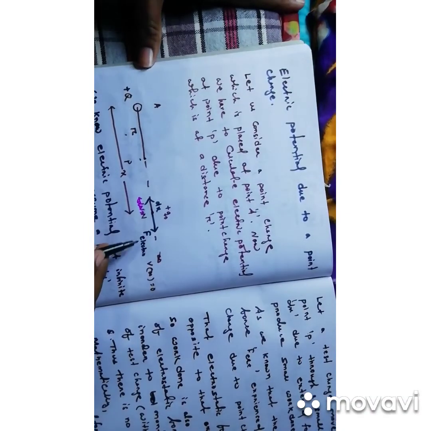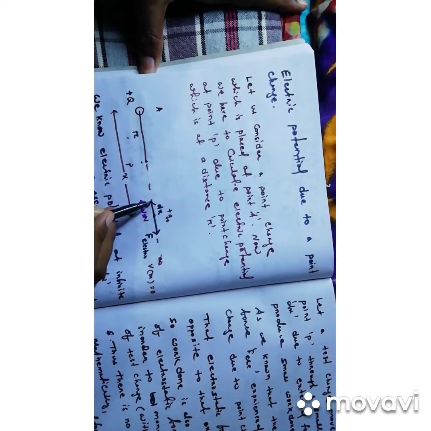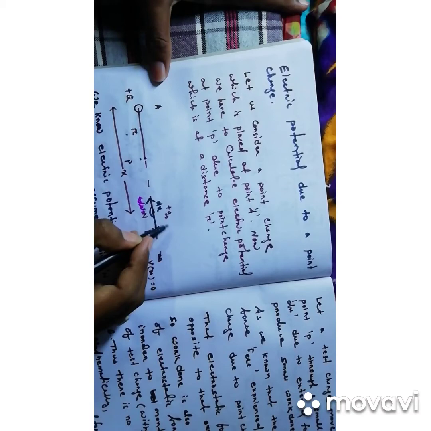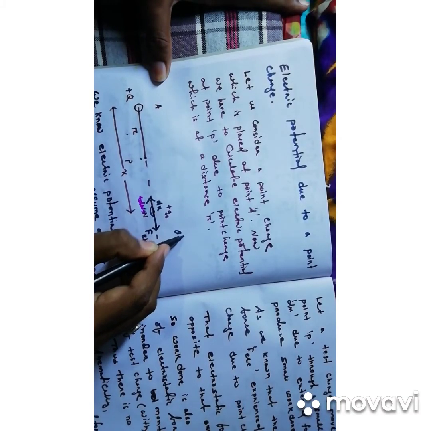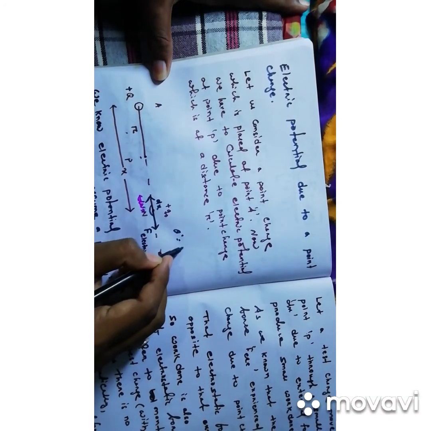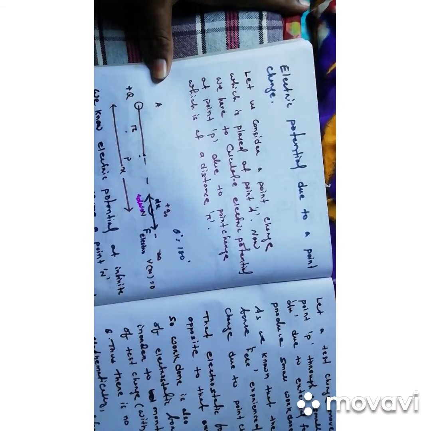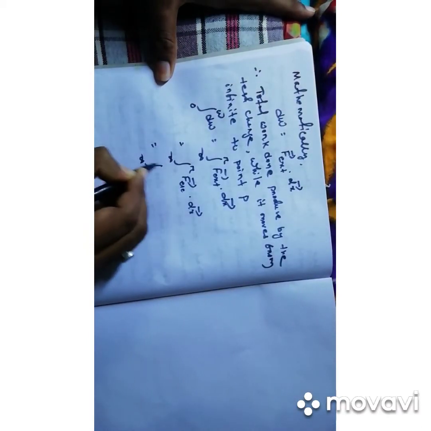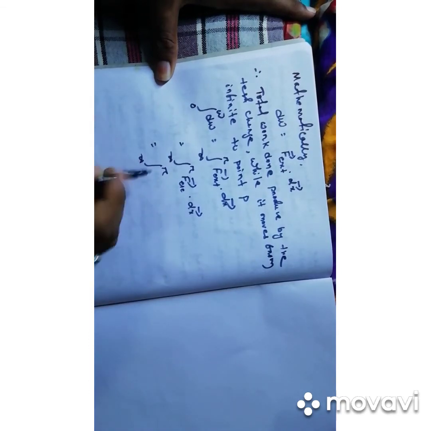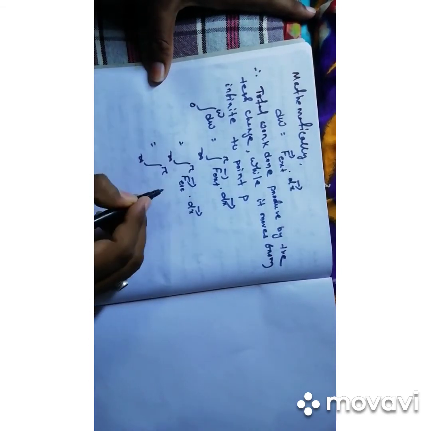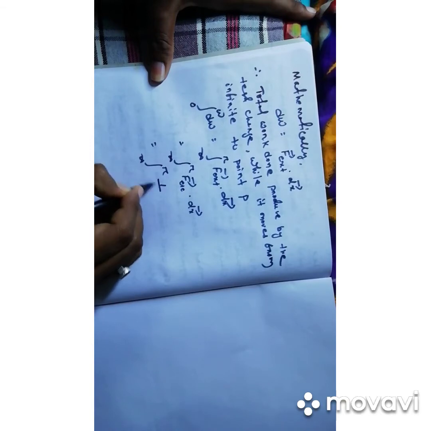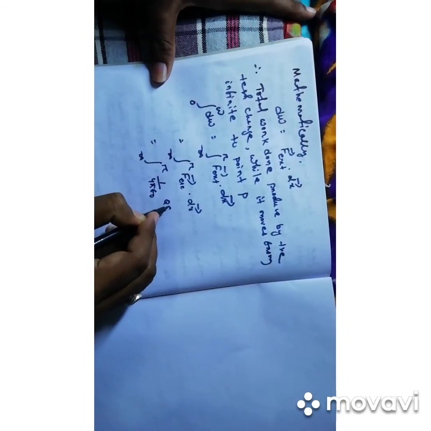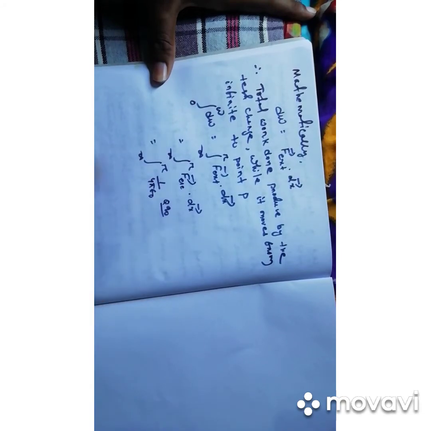Here F electrostatic and dx vector are in opposite directions, so the angle between them is theta equal to 180 degrees. So in magnitude form, integration from infinity to r, F electrostatic can be represented as 1 by 4 pi epsilon naught q naught divided by what?